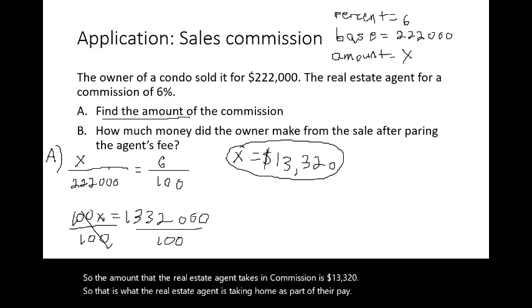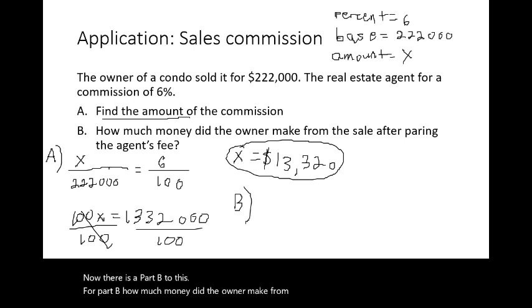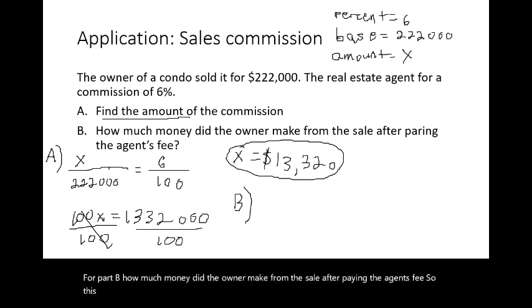Now there is a part B to this. For part B, how much money did the owner make from the sale after paying the agent's fee? So this $13,320 is going to come out of what the condo sold for, and that means that the owner of the condo is going to take home the rest of it.